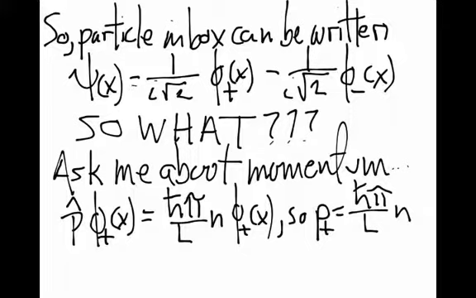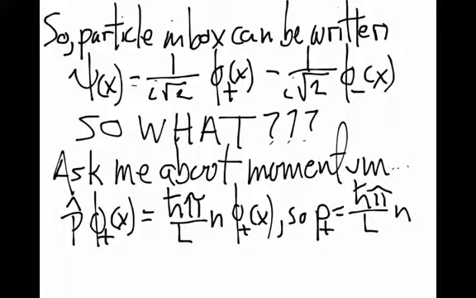So again, p with the hat is an operator. It's got a first derivative in it. Phi plus is this thing we call an eigenfunction, and that's e to the i n pi over L times x.